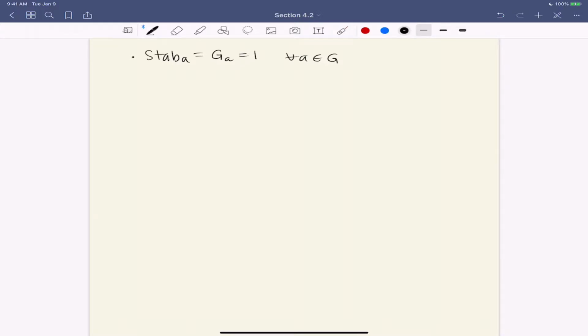Okay, so that's cool, but we can generalize this, and since we're mathematicians, we will.